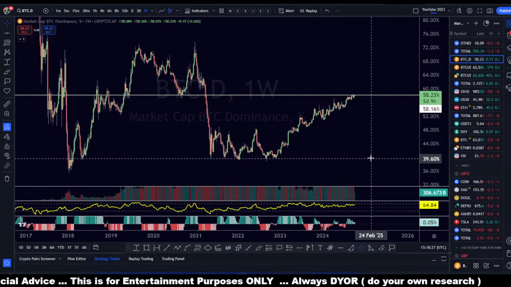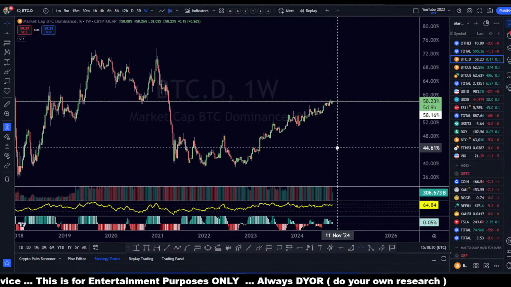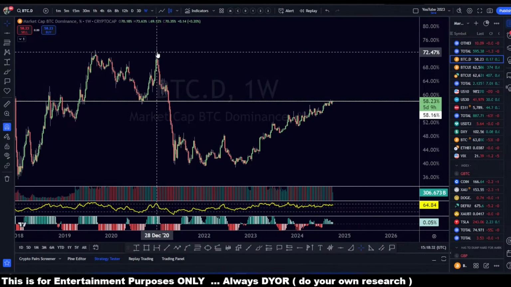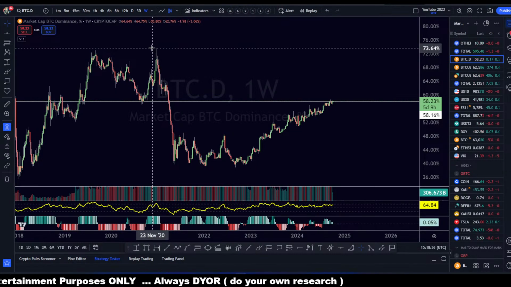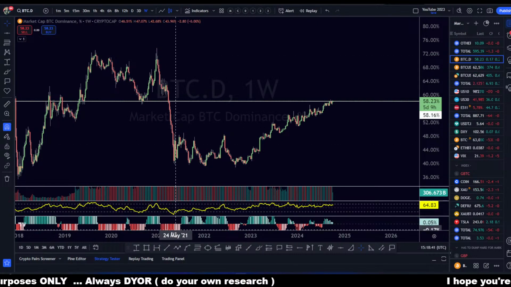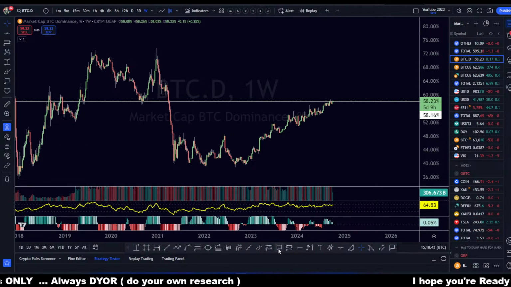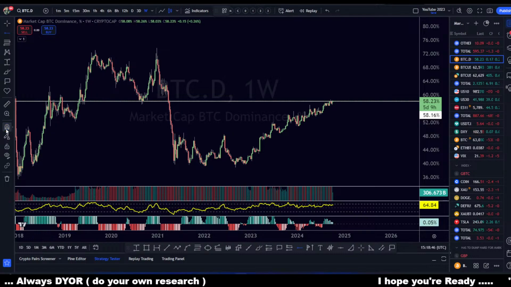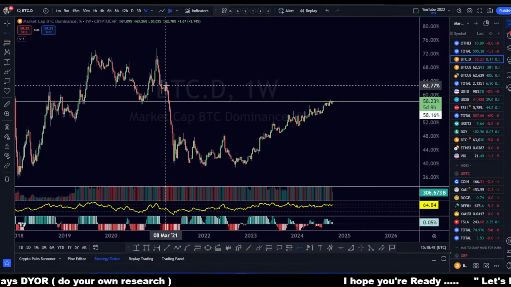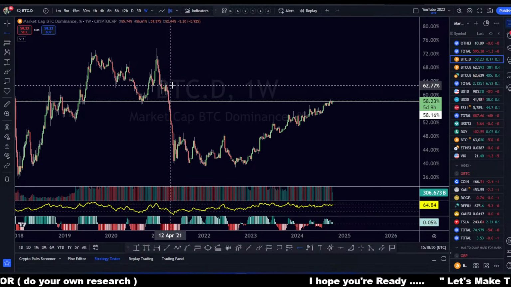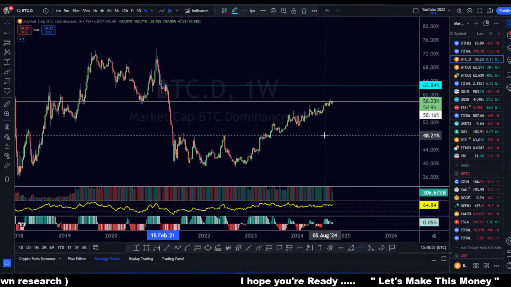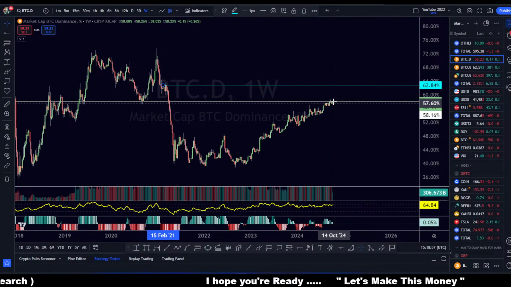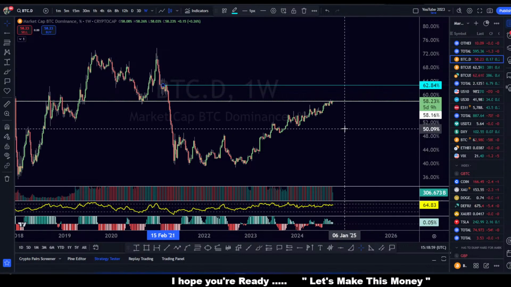And how high can it go? Back in 2021, it went all the way to 73%. Do I think it'll do that right now? No. And this is just pure speculation. I have no idea, but I was guessing 63. But we can use this as our high. And so we can say our first level could be about 63%.